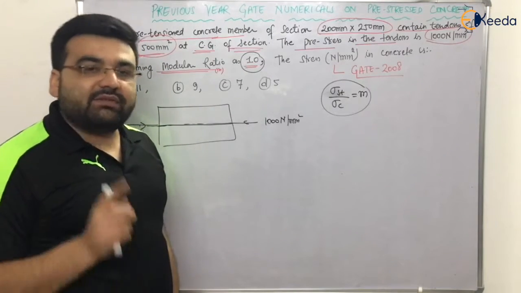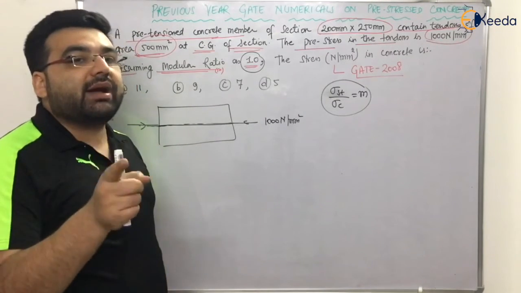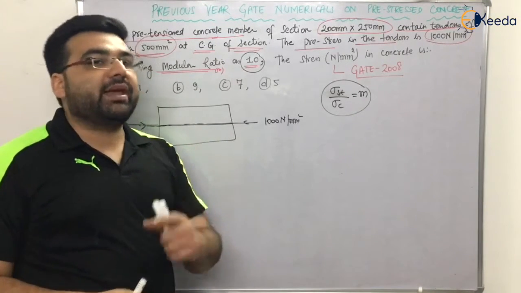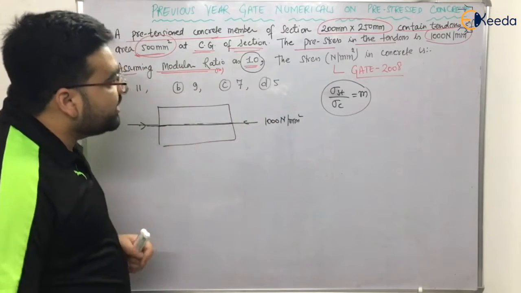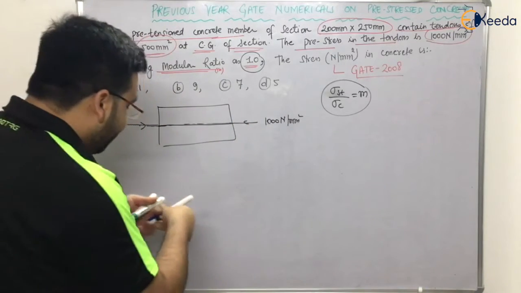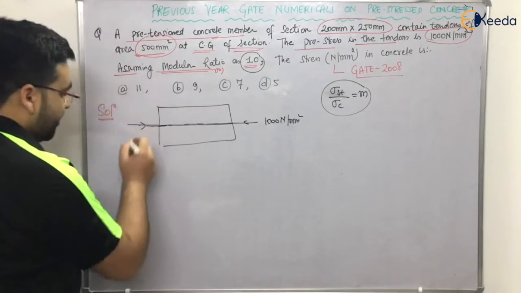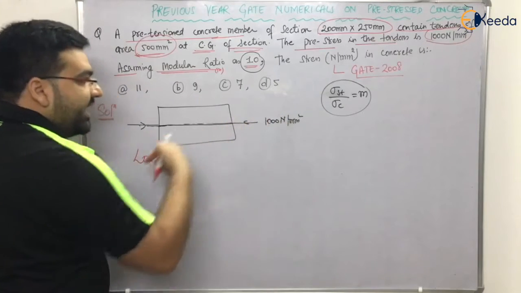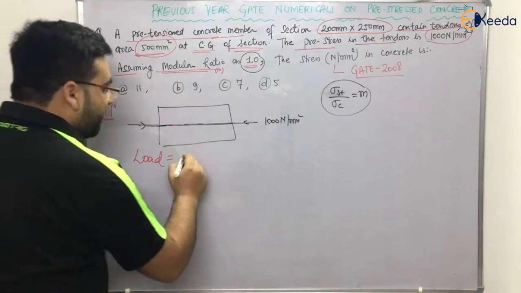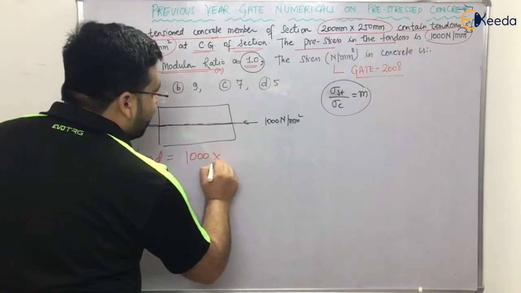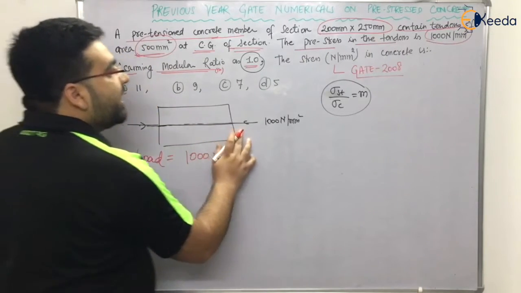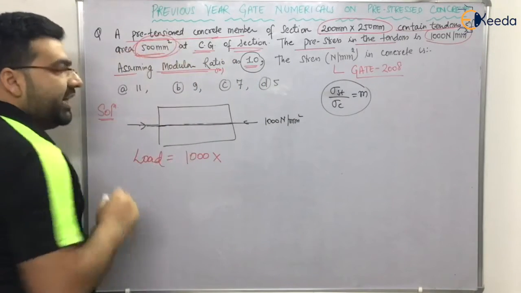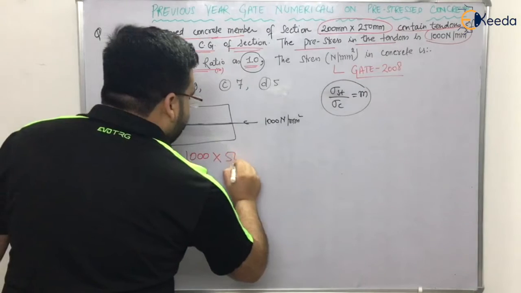Remember one point: whenever you are doing calculation, try to determine load. If you continue your calculation with stresses, you might make a lot of mistakes. So I will be determining load. Solution: the load at the tendons, which I have applied, will be equal to 1000 into the area of tendons, which is 500 mm square, so 1000 into 500.